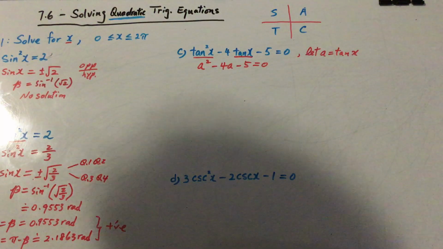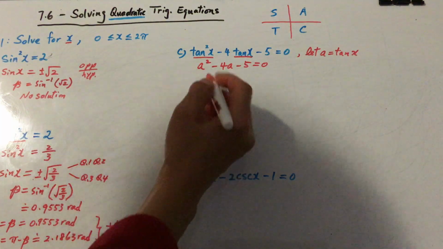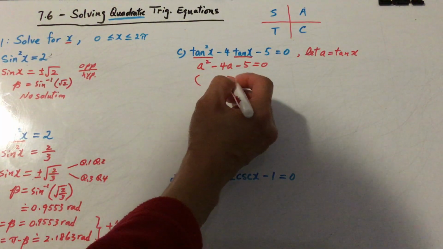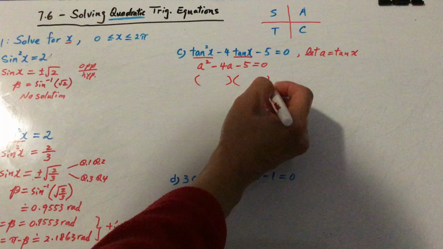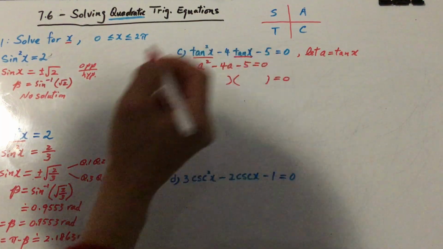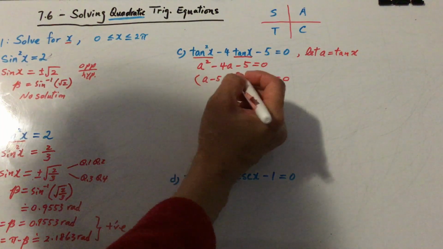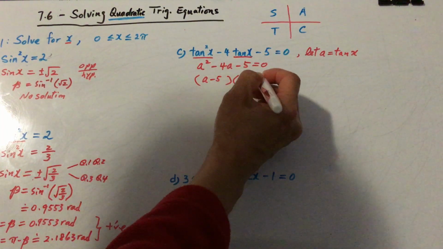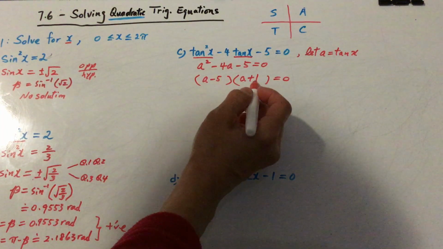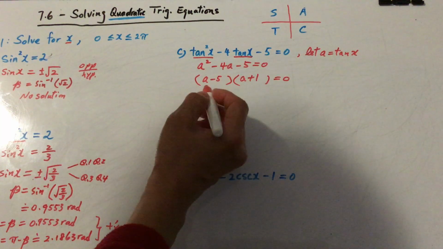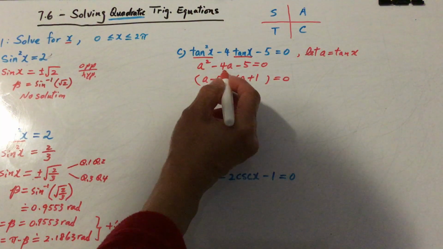Okay, so when you factor this simple trinomial, you will see that you are getting a minus 5 and a plus 1. Minus 5 times 1 gives you minus 5, and positive a minus 5a, you get a minus 4a.